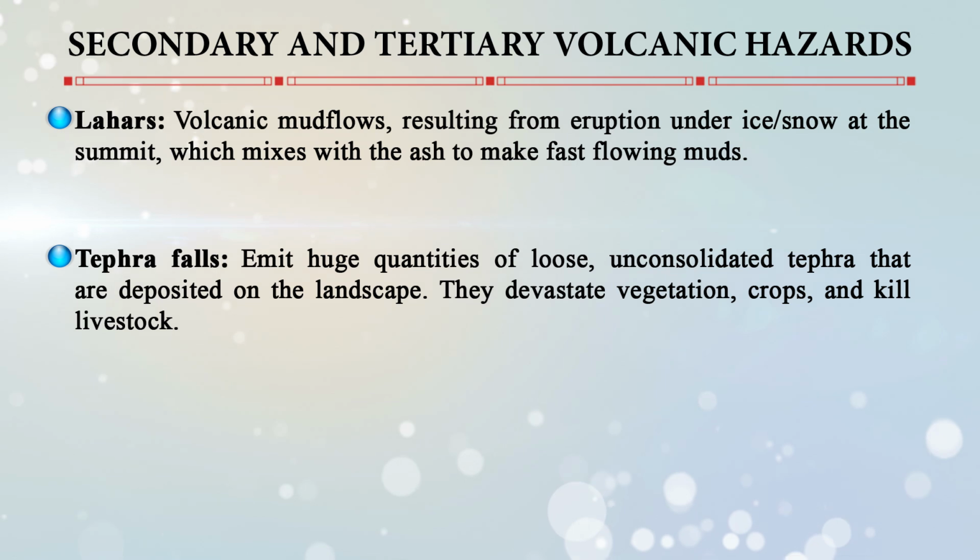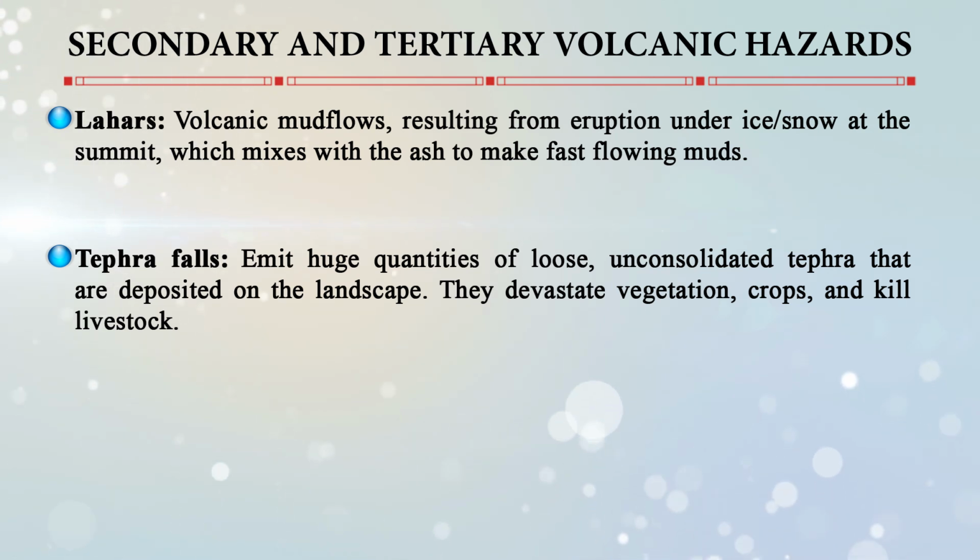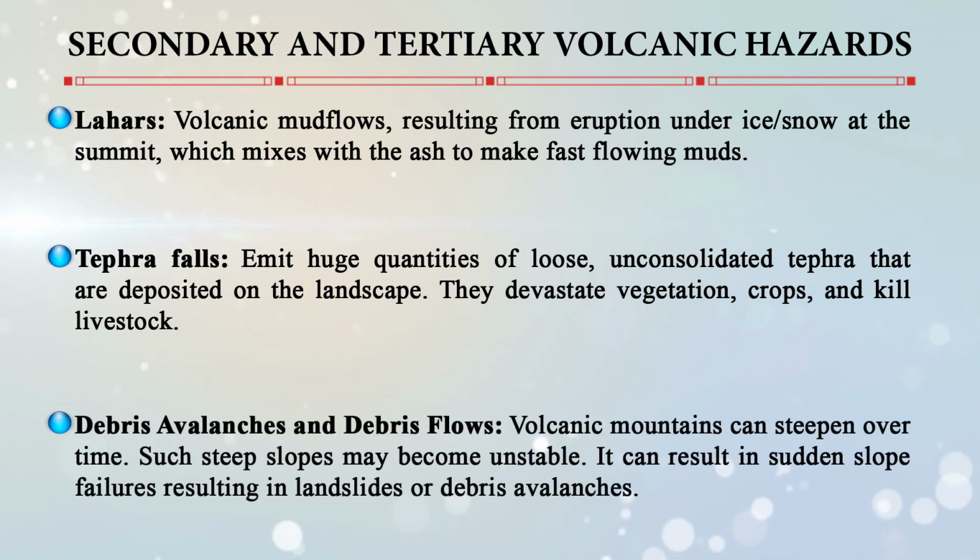They can devastate vegetation, crops and kill livestock. Then you have debris avalanches and debris flows. Volcanic mountains can steepen over time. Such steep slopes may become unstable. It can result in sudden slope failures, resulting in landslides or debris avalanches.